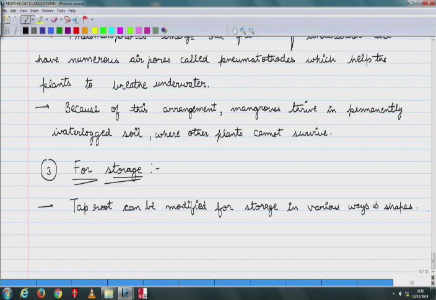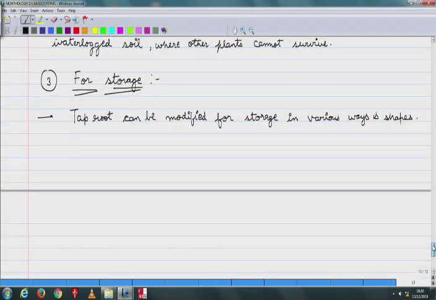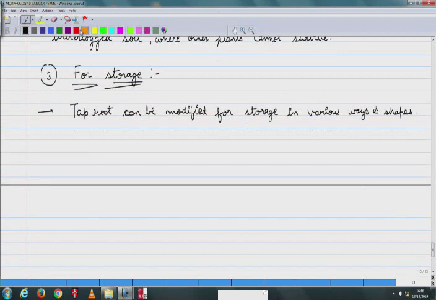They can be very different shapes of the root. So modification of tap root, you have to study like this. 3 modifications of tap root I am telling you. What are these modifications?